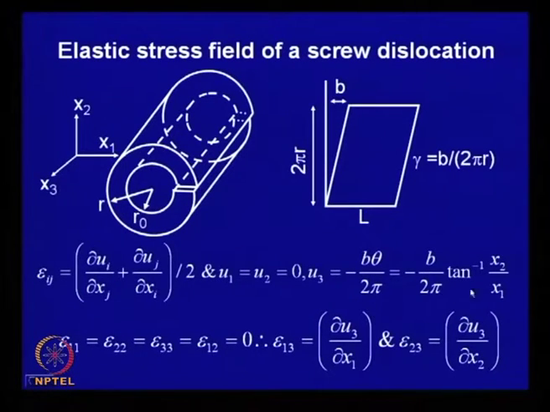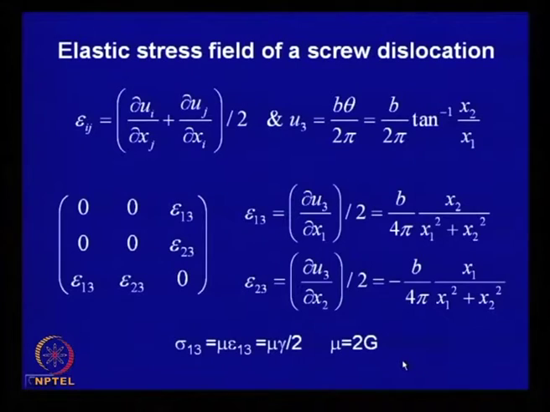A better way of doing it, I think, is a more rigorous analysis, say by this. You have written this expression. Now, by differentiating this, you can get the two shear strain components, epsilon 13 and epsilon 23, which are shown over here.